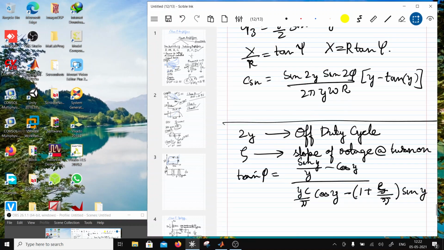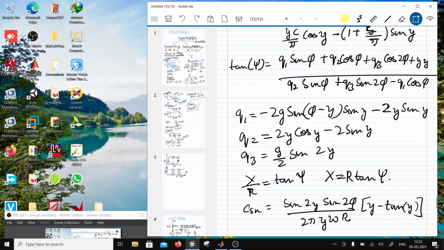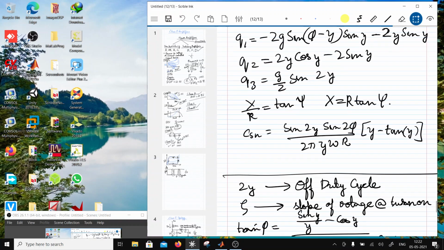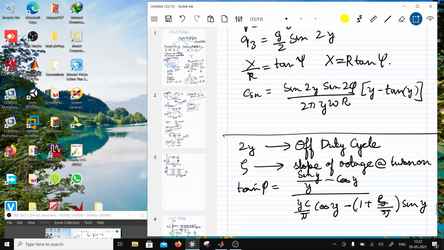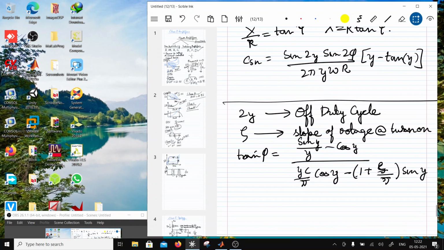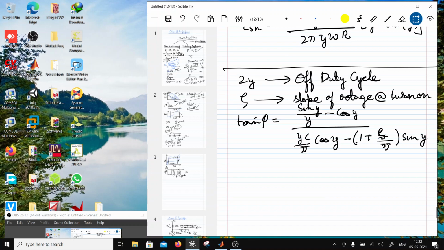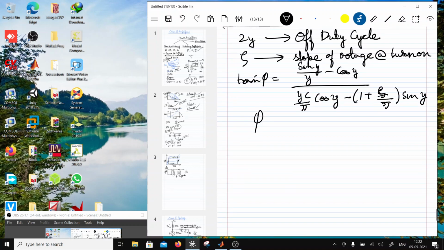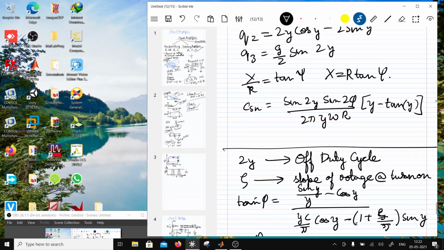Once I have phi and y is already there, I would have CSH. Once I have this phi figured out, from phi I would have CSH, the shunt capacitor. CSH would be this number.